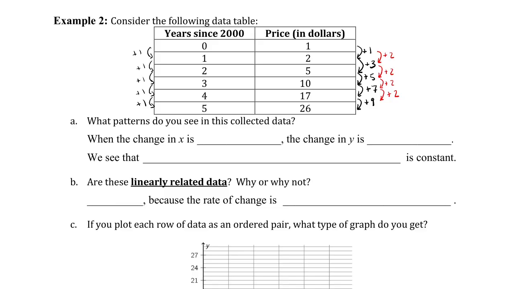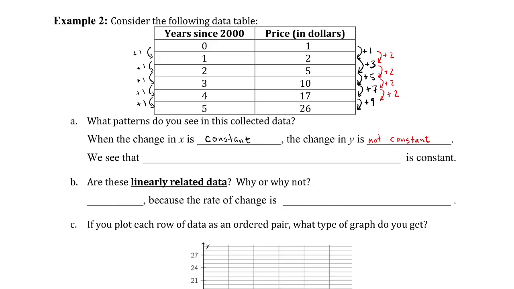In this table, we see that the change in x is constant, but the change in y is not constant. Y changes by a different amount every time we go down a row, but something is constant.